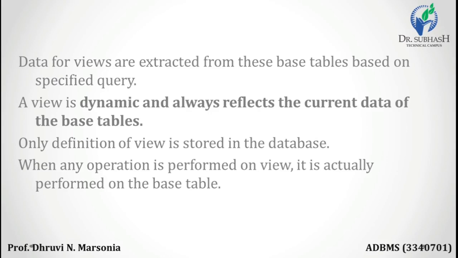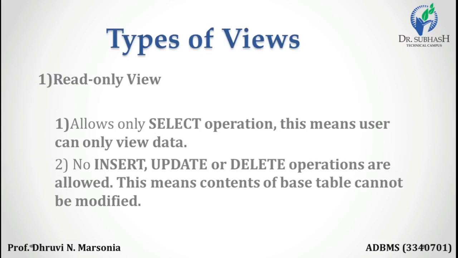When any operation is performed on the view, it is automatically performed on the base table. If I delete some particular records from the student table in the view, they are automatically deleted in the base table. Clear? These are some fundamentals of the view.